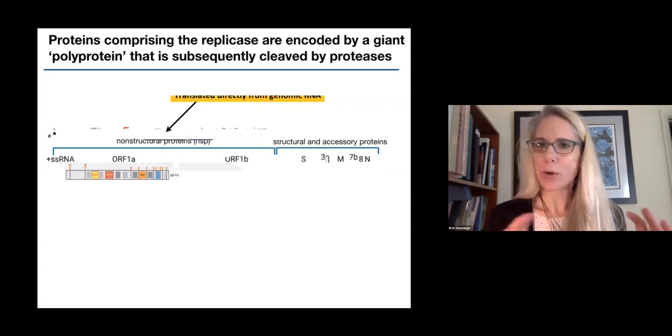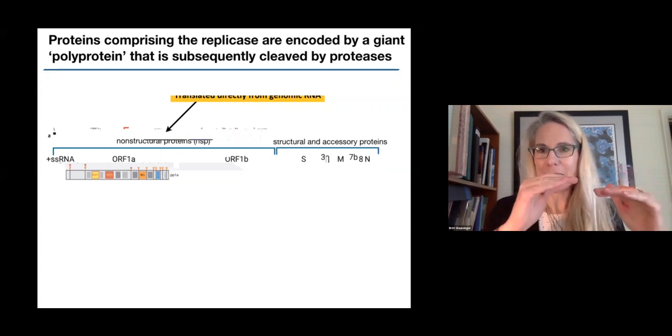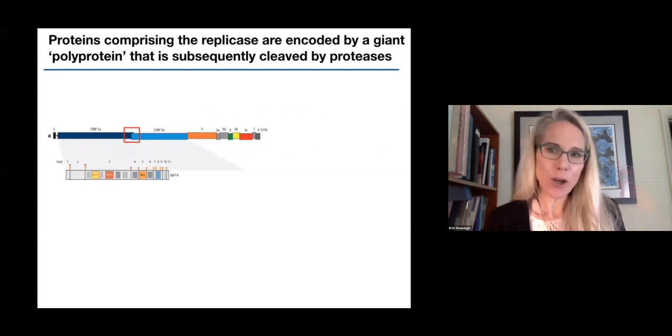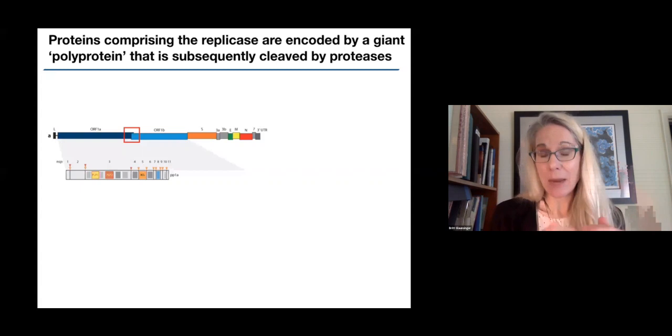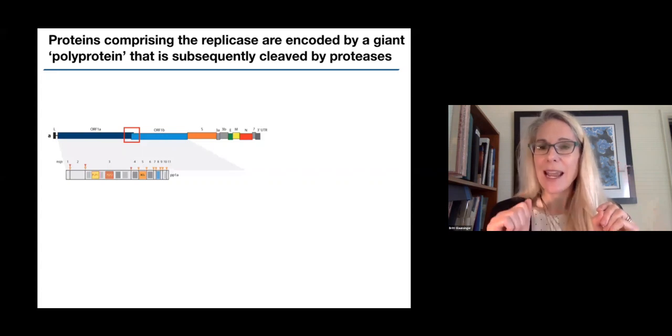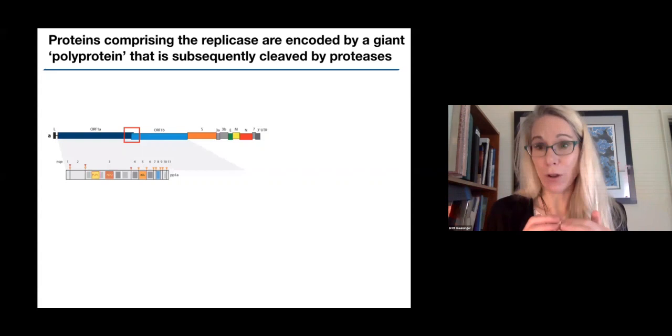So all of the proteins that make up the replication machinery are expressed as a giant fusion protein, where one protein is fused to the next protein, fused to the next protein. Each of the genes are not separated by distinct start and stop codons. There's one start codon at the beginning and a stop codon at the end, and so you just have a fusion of all of the proteins.